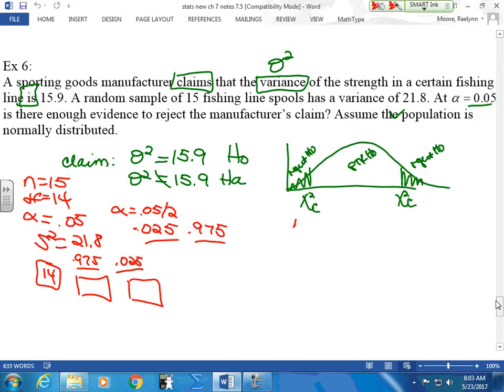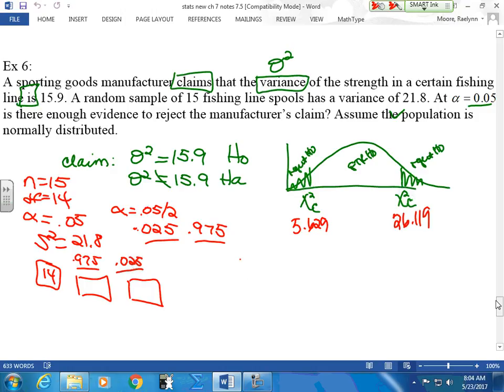So you're going to get 5.629 and 26.119. Good. This is the major difference with table 6: you have to first divide by 2, then subtract it from 1. Keep track. All of these critical values are positive. There are no negatives, and they're different if you remember back from our level of confidence.